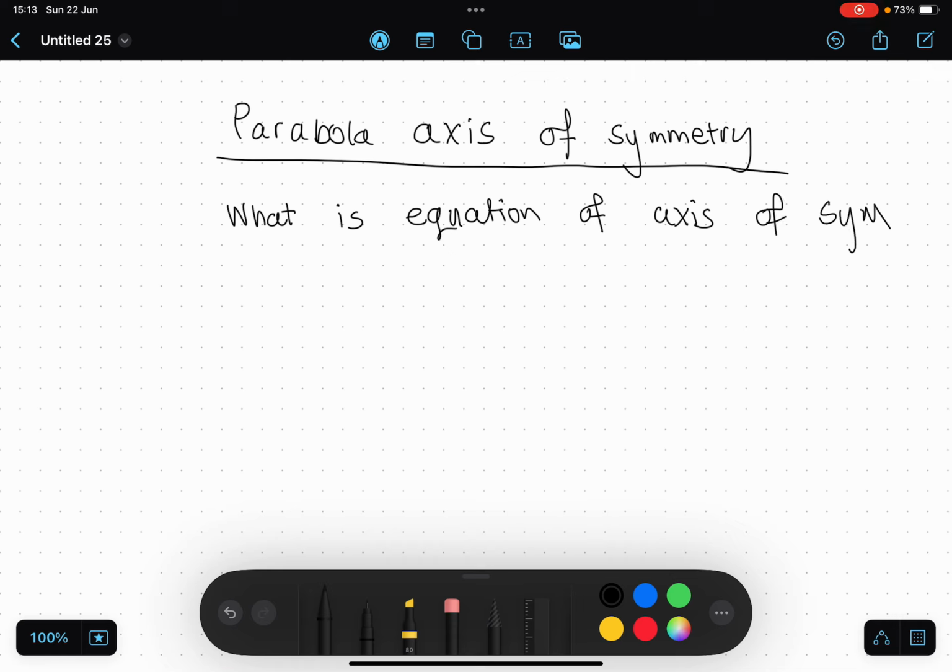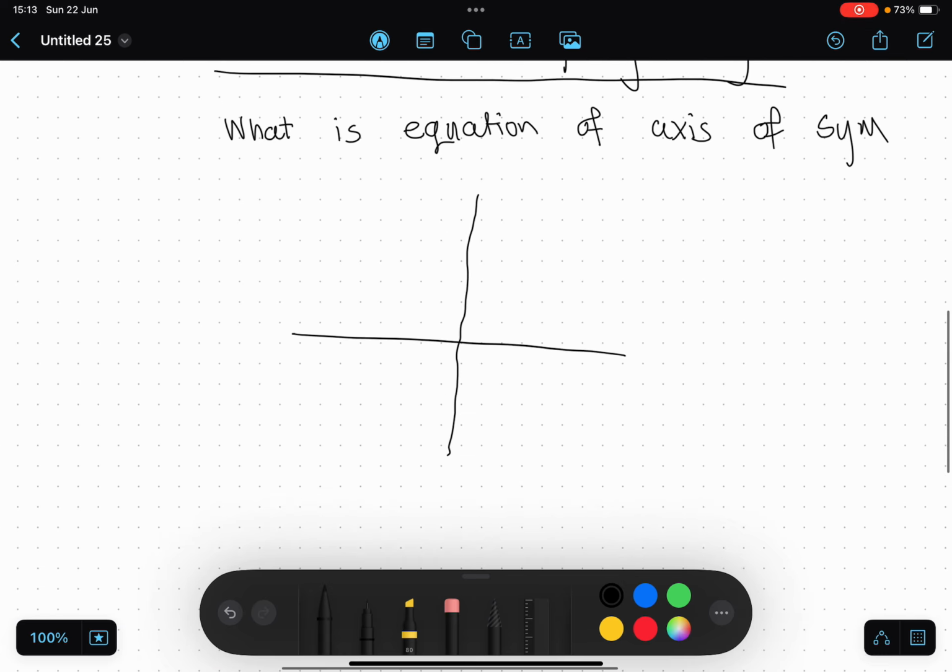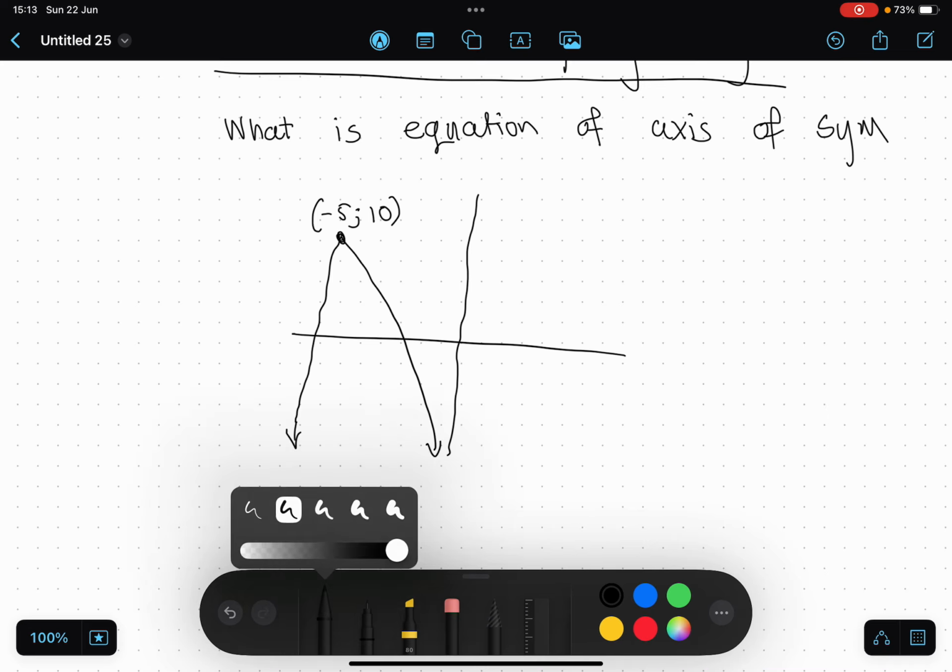Okay, now, to do that, you have to understand that a parabola is symmetrical about its turning point. So if I have a turning point and I know the turning point is at (-5, 10), what is my equation of symmetry? Now, remember, symmetry is something that is equal on both sides, right?